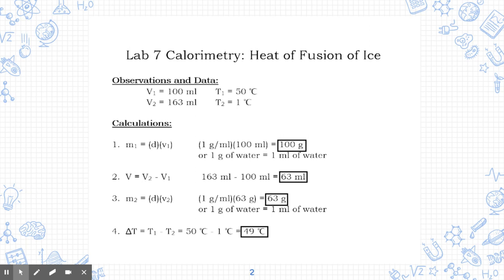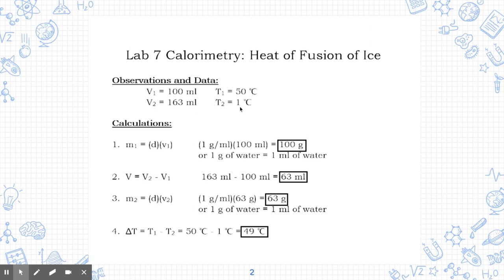If you would have spilled any of your water, maybe you overflowed and forgot that you were working with a 100 milliliter graduated cylinder and had more than 100 milliliters of water to measure out, or maybe whenever you were scooping your ice out, you lost some of that water, that's going to affect your volume 2. So volume 2 was very, very important.